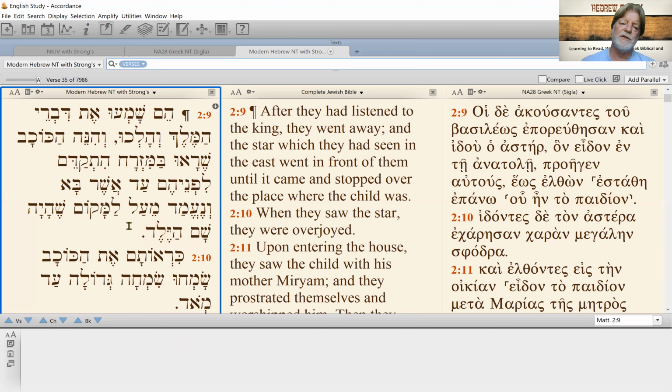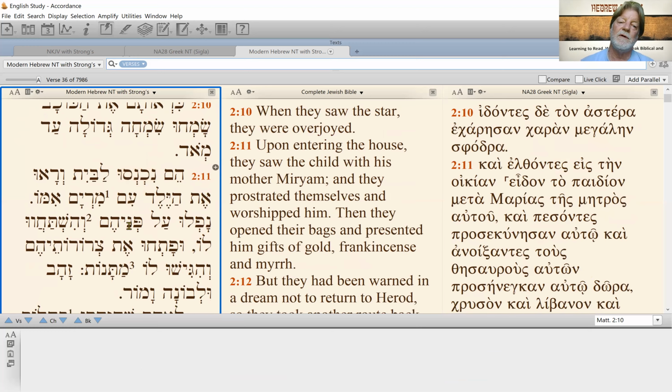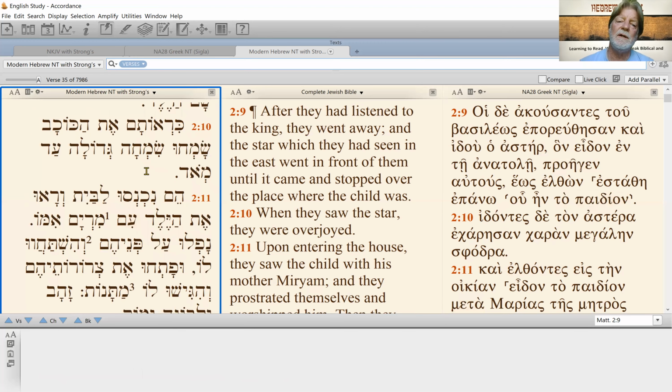So I'm suggesting that the star led them to the north, to Nazareth, to the very house, the very place where he was living. Then verse 10, Kio otam. Here we have a kaf, prefix preposition, meaning, it usually means like.